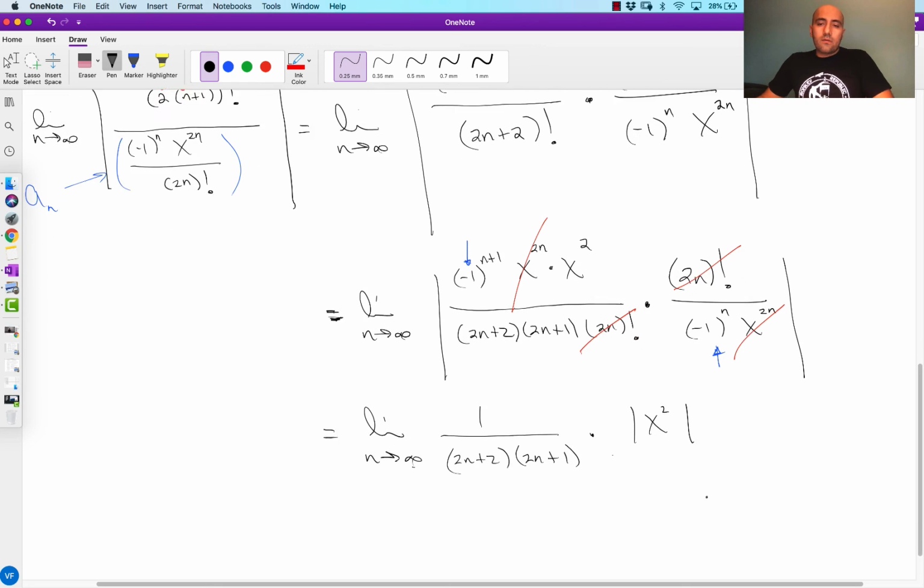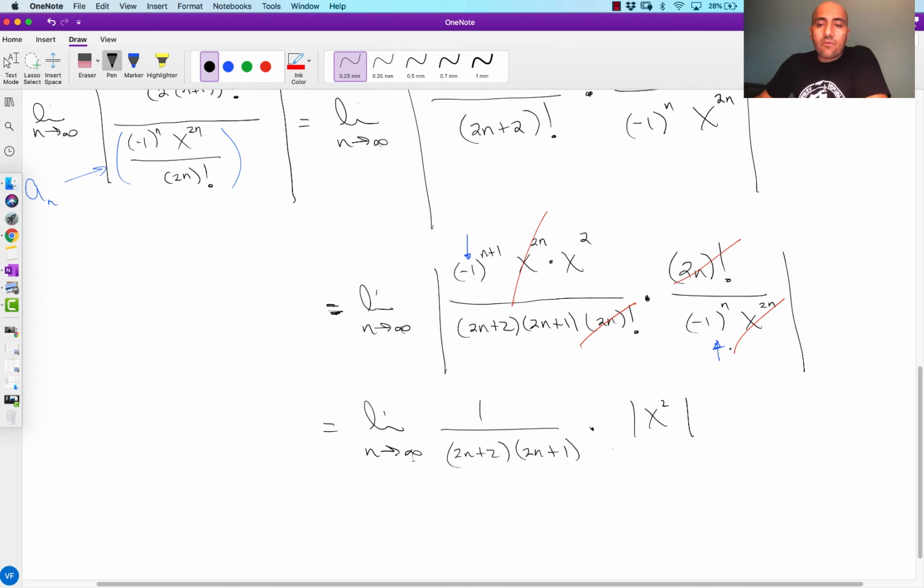Well, this and this I got rid of easily since they're just negative 1, so the absolute value will make them positive 1. And then for any value of x, when I square it, I get exactly a positive number. So we don't need to write that.